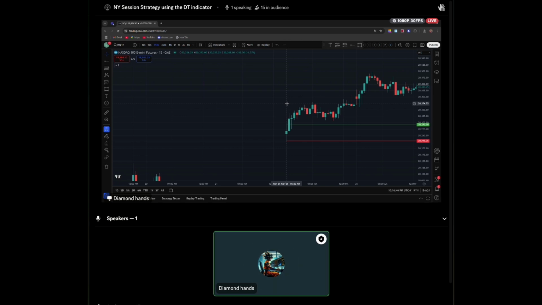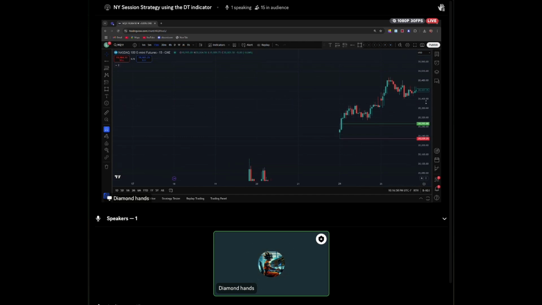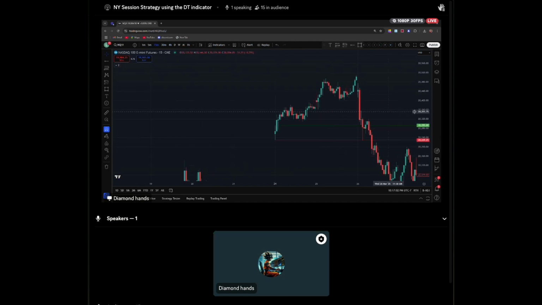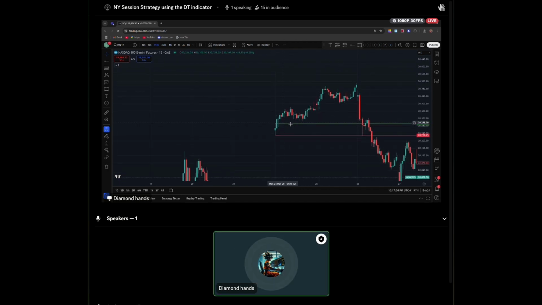You could take it to a weekly open, monthly open, whatever strategy you use where you're going to take profit, or even if you're going to use extended hours, you could take it to maybe the Asia high or London high. So this is what you want to enter right here at the retest of this candle. Okay.